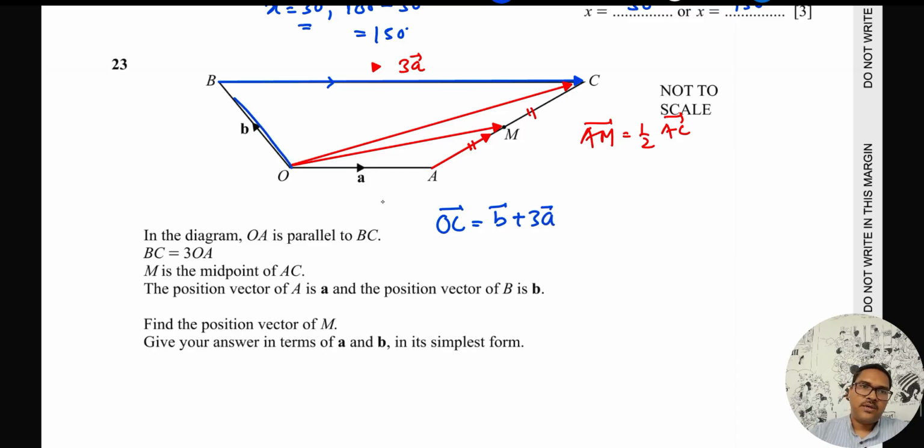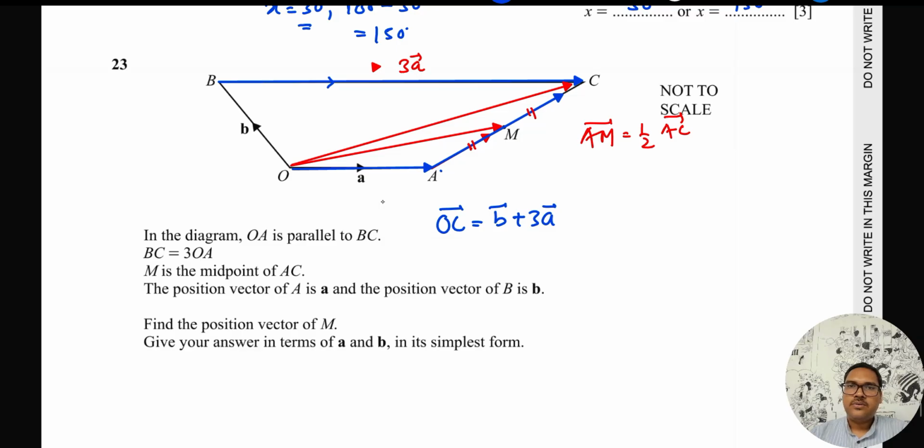You can go from O to B, and then B to C, and you will reach O to C. Correct? I hope this is clear. So this is OC vector. Now we know that in this triangle OAC, you can take this vector. So let's take this vector and this vector.